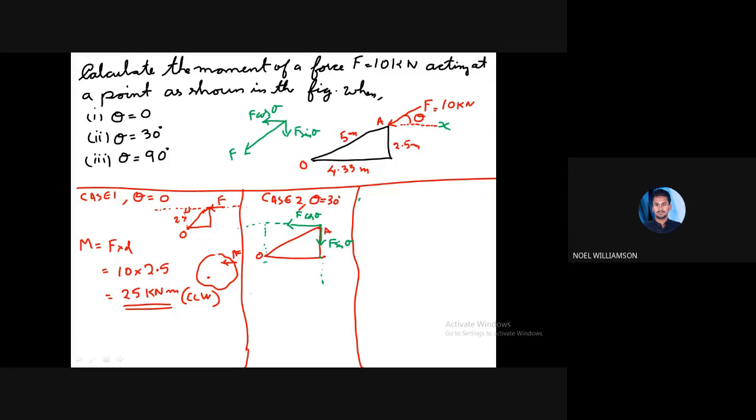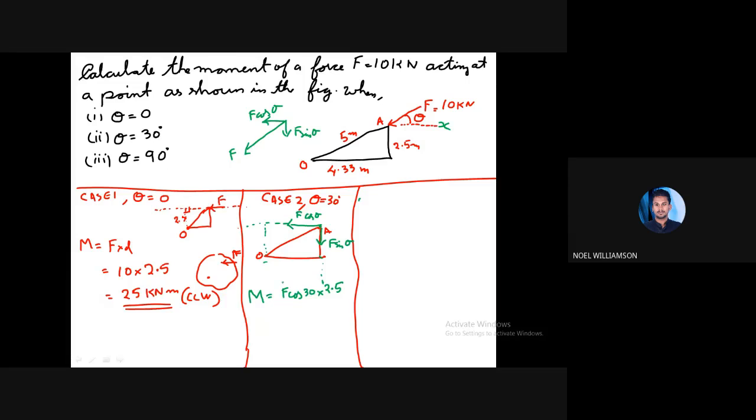So the moment will be the sum of the two, that is M equal to the moment due to F cos theta. The moment due to F cos theta is the force F cos 30 into the perpendicular distance, that is 2.5. And the moment created due to F cos theta is counterclockwise.